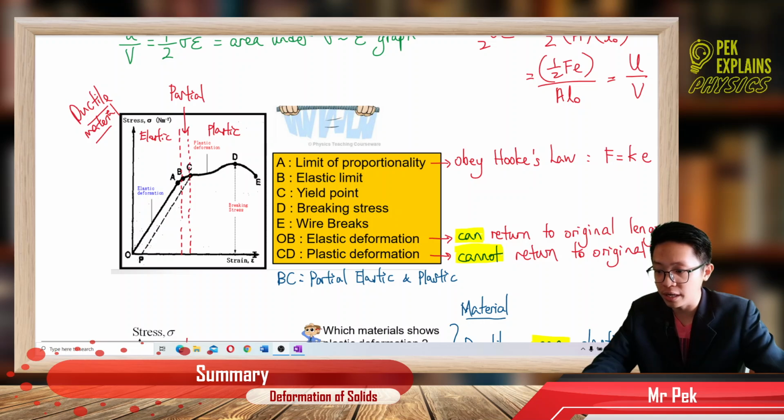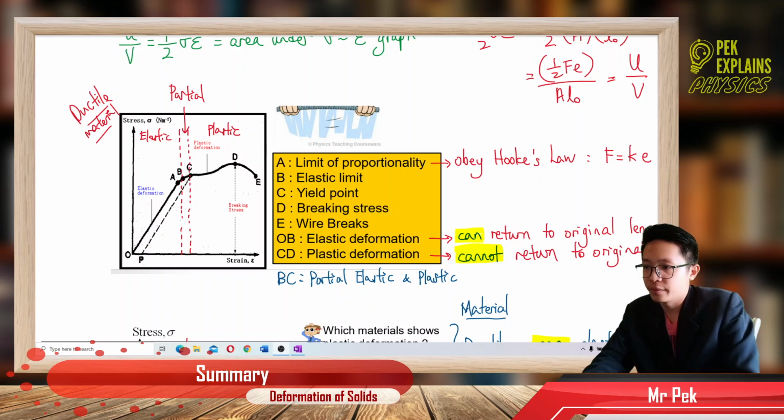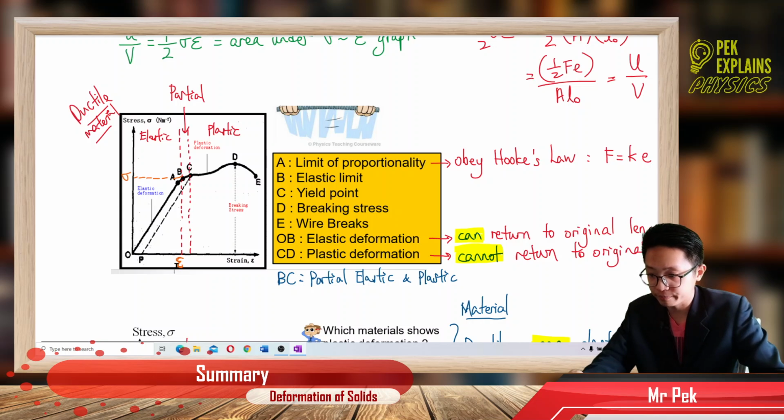So let me just show you like this. If you increase the stress until this point, the elastic limit, the point B, the wire will elongate until this strain, till this ratio.